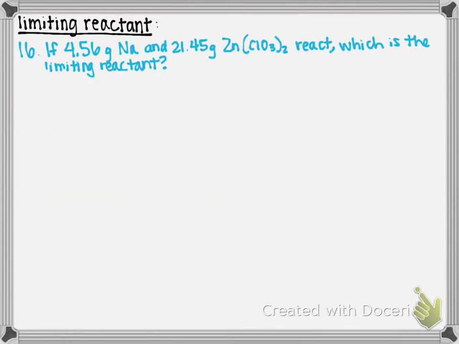Next thing we're going to look at is limiting reactants, and this is actually question 16 on your review. If 4.54 grams of Na and 21.45 grams of zinc chlorate react, which is the limiting reactant? In this problem, because question 17 is asking about zinc, we're only worried about the amount of zinc produced.